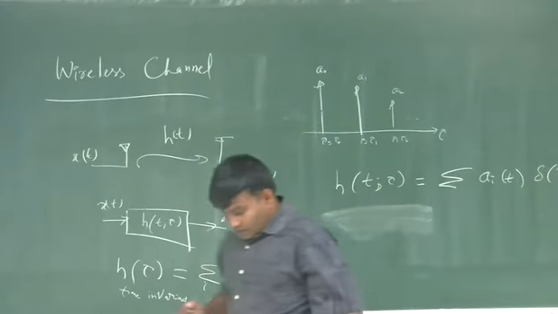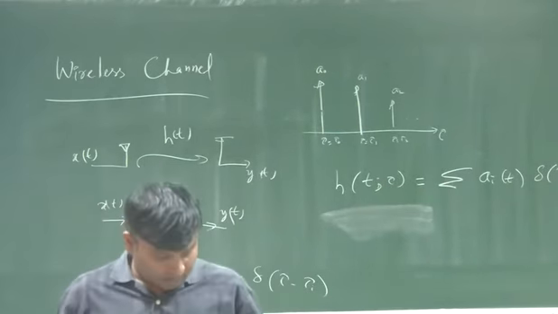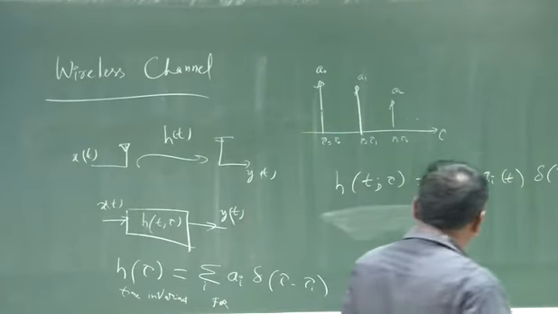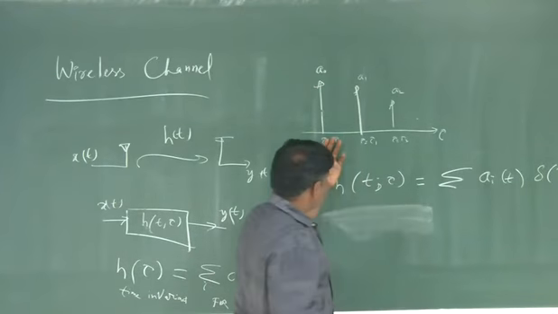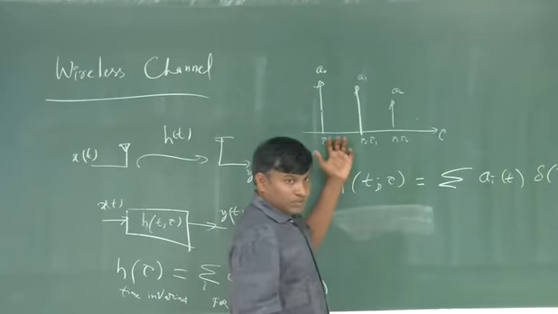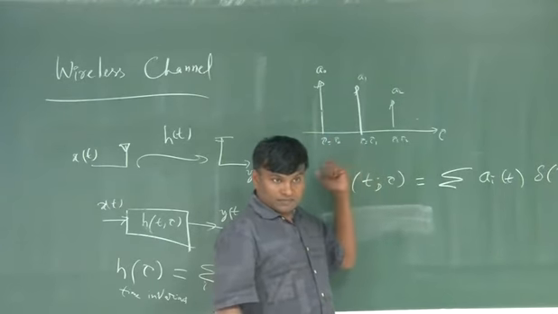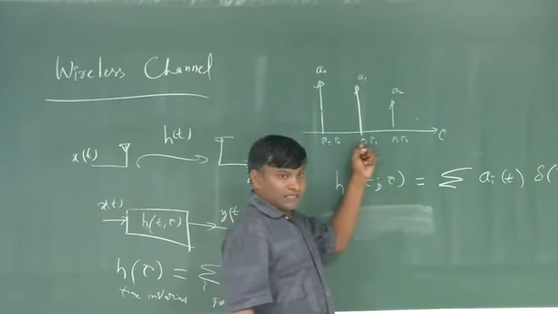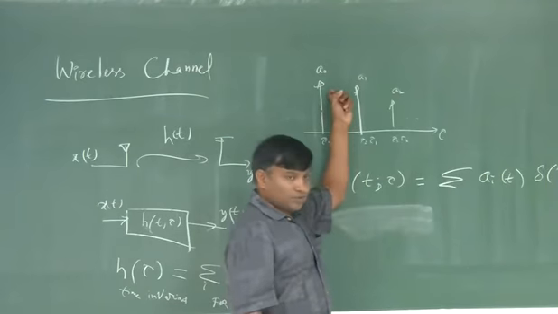Why is tau_i also a function of time? Well, this is the impulse response at one given time, but the positions of these taps could vary with time, and the amplitudes too.